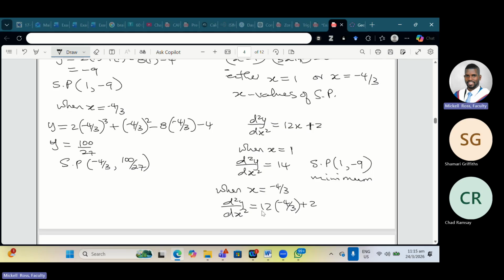So this is going to be negative 14. So the stationary point, that is negative 4/3, 100/27, is going to be a maximum. All right, so this is going to be a maximum point. So now that we have all of that information, we can go ahead and represent it on the graph paper.